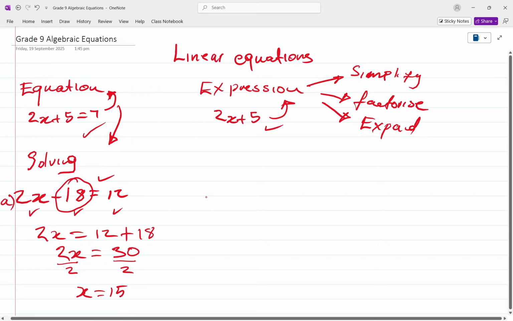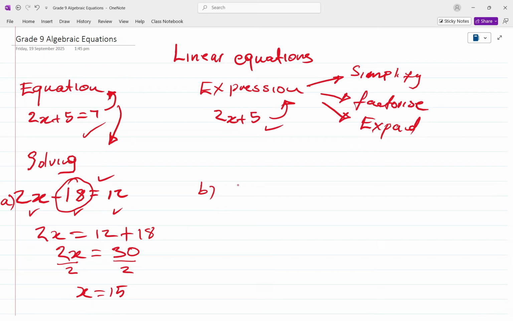Let's say this one is a, and then let's have our b here. With b we have 7 plus 5x equals 6x minus 3 on the right hand side. So we have 2 terms on the left, 2 terms on the right. One term having x, another term not having x. We are going to do what we call grouping the like terms. Numbers with x on one side, numbers without x on the other side.